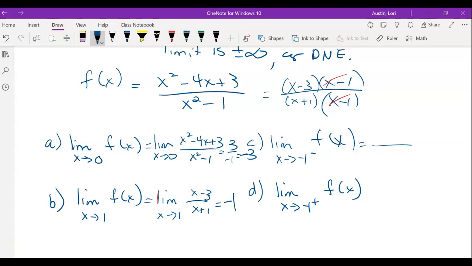So we're going to approach from the left first. We're going to approach -1. This is what we know so far. We know at -1, I got this going on. What I don't know is when I approach from the left, is my graph shooting up or is it shooting down? How do you think you're going to figure that out?